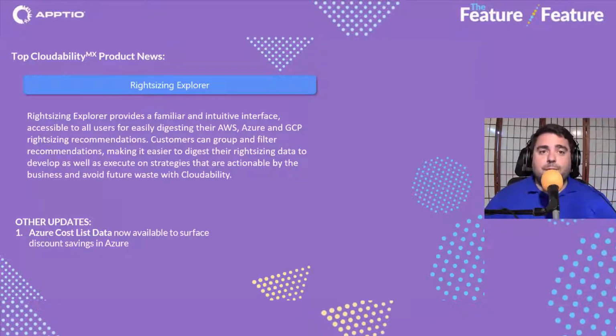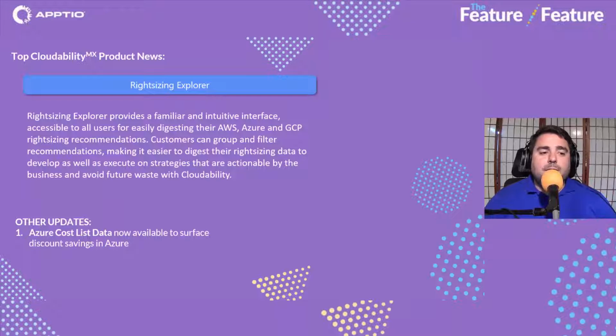We're going to dive into this in further details, and I'm also going to surface a screenshot for you here in just a few minutes that you'll be able to see exactly what we're talking about, but it really helps organizations to develop and execute on strategies for actually utilizing rightsizing recommendations, and then also with those strategies help them avoid future waste via Cloudability.